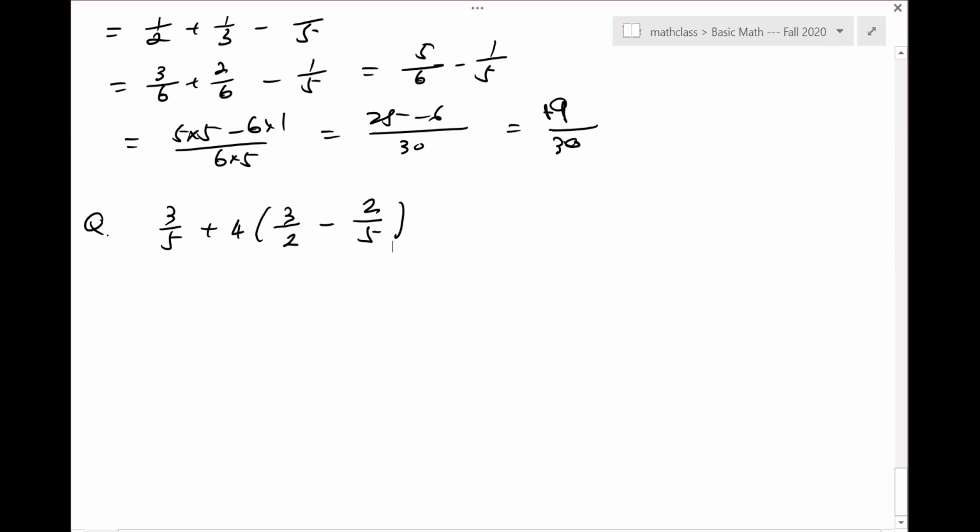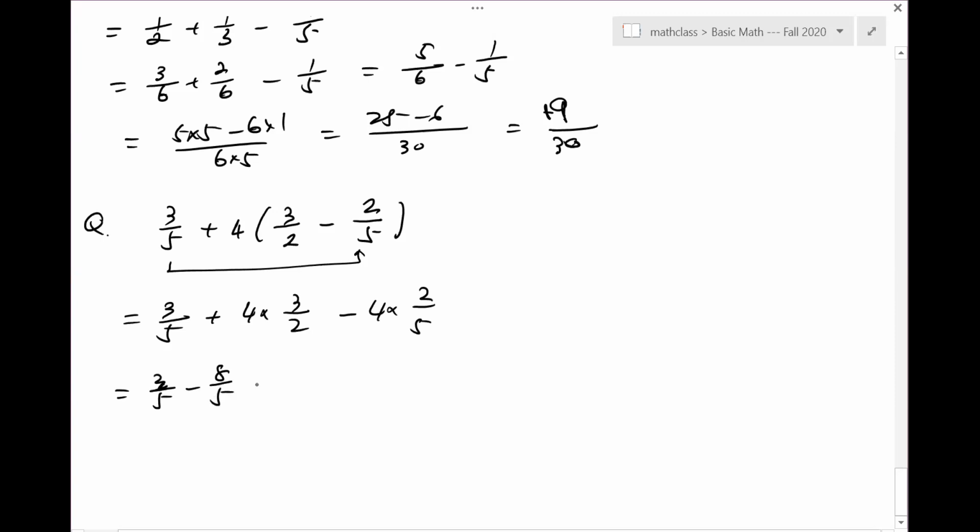Right. So when you look at this, I found here's 5 here, 5 here, so I should multiply this out first. And here's 4 times 3/2 minus 4 times 2/5. Okay, it's 3/5 minus 8/5, and here cancel 2, it's plus 6.